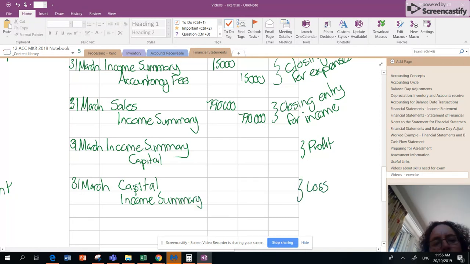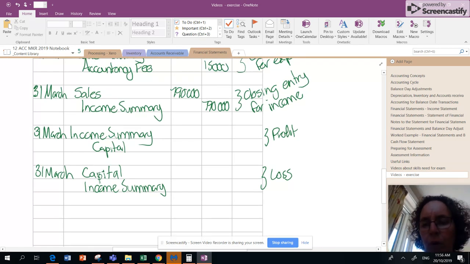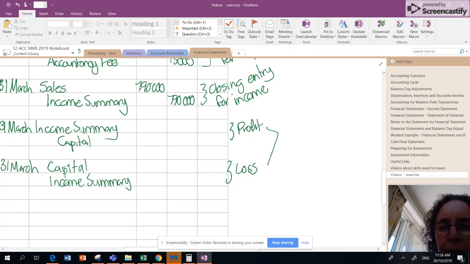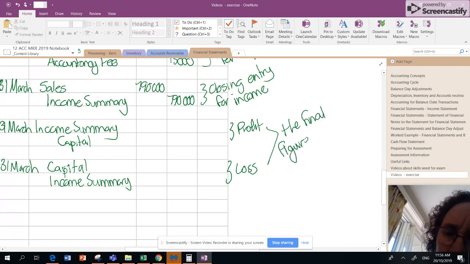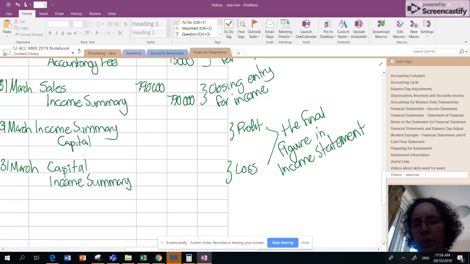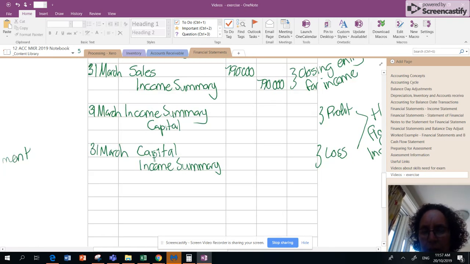Now, you'll either be given the profit or loss, or it is the final figure in your income statement. So probably they would give it to you rather than relying on you calculating it.